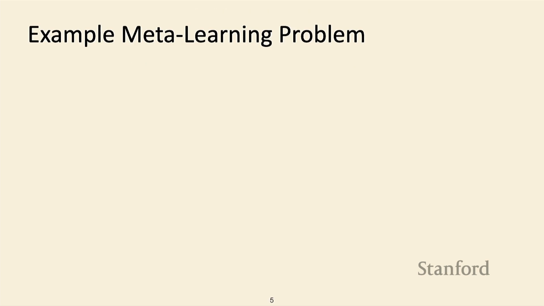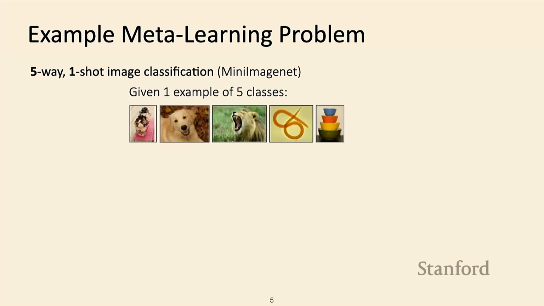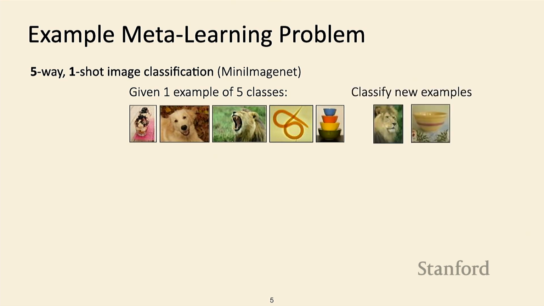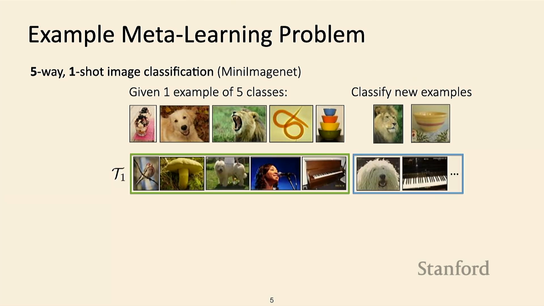And we looked at this running example meta-learning problem where we're trying to do 5-way classification. We're given one example from each of the 5 different classes as this really tiny training data set. And our goal is to be able to predict the label for new examples as being among one of those 5 classes. The way that we did this is we set up a set of tasks that look a lot like the kind of tasks that we'll see at meta test time.